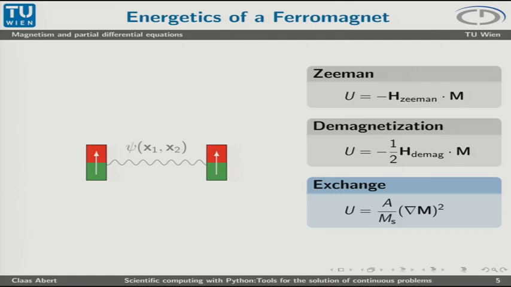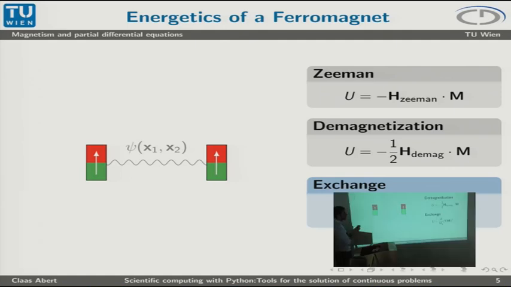Now the interesting part in magnetism is that we have this competition between the global demagnetization field, which tries to demagnetize the whole body, and a very strong local field, the exchange field, which tries to get a homogeneous magnetization configuration. So it's kind of a multi-scale problem.